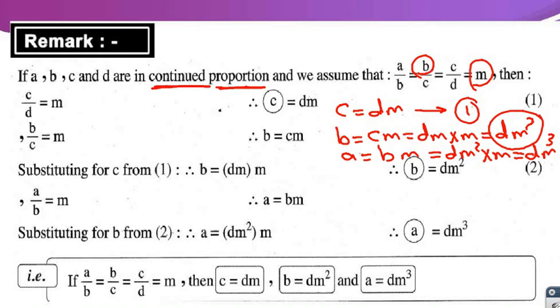Okay, if A over B equals B over C equals C over D equals M, then C equals DM, B equals DM squared, and A equals DM to the power 3.